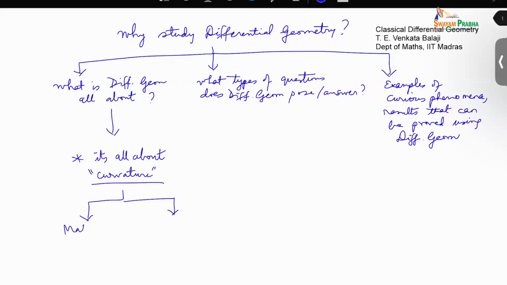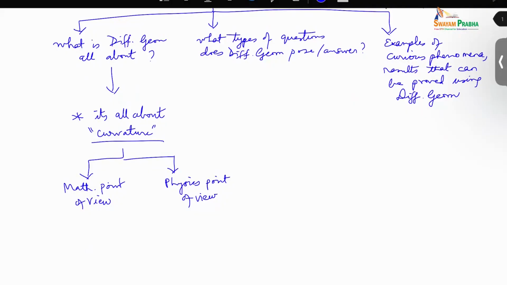So there is a mathematical point of view, and then there is a physics point of view. At least, let me just illustrate this for the simplest objects that you want to study, namely curves. The case in point is we are trying to understand what is the curvature of a curve.